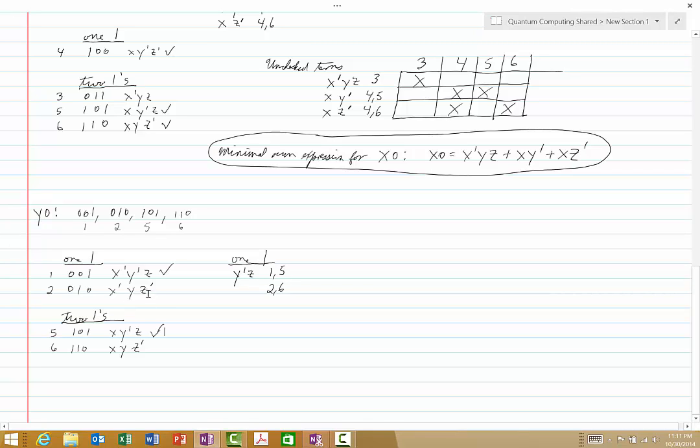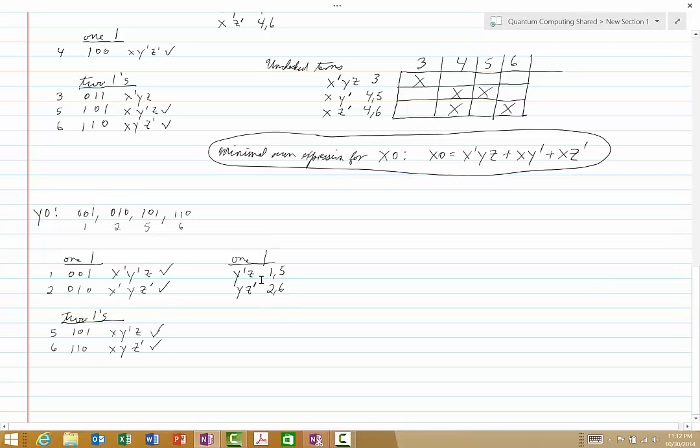Now 2 and 6 differ only in the x position, so that x will drop out and we'll be left with y z prime. Sure enough, that's what we get, and so we get a check mark by 2 and by 6. That's the end of the first column.